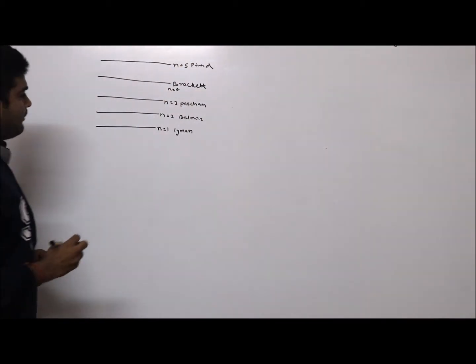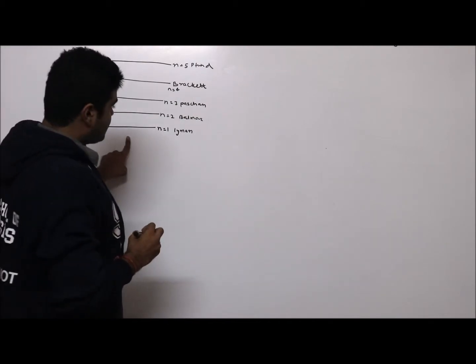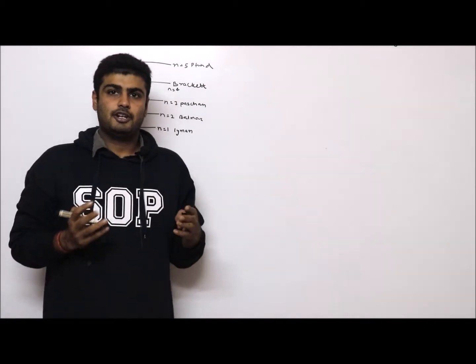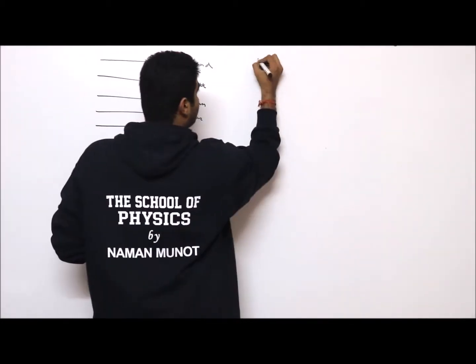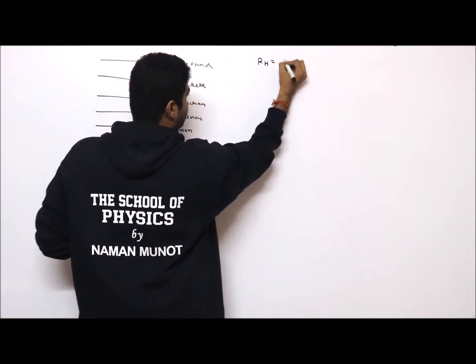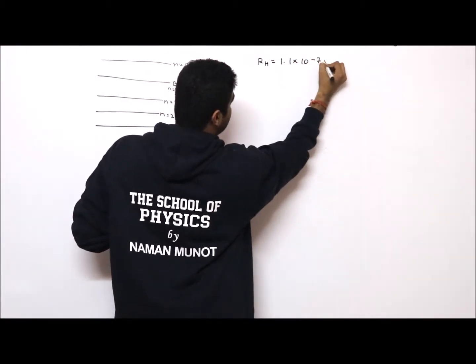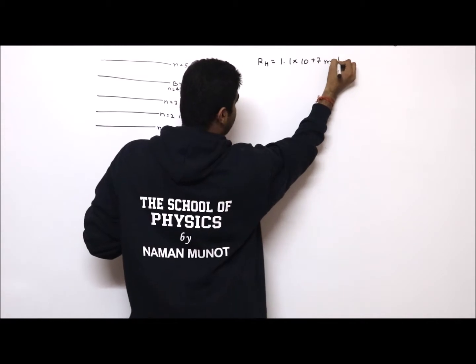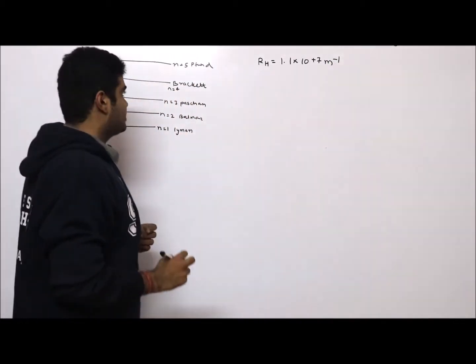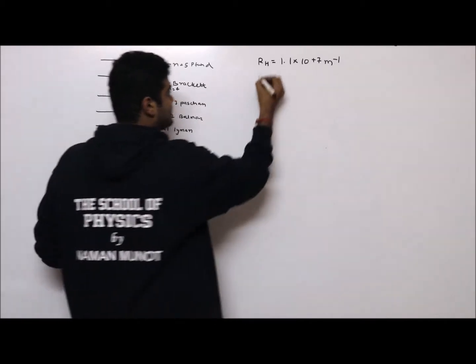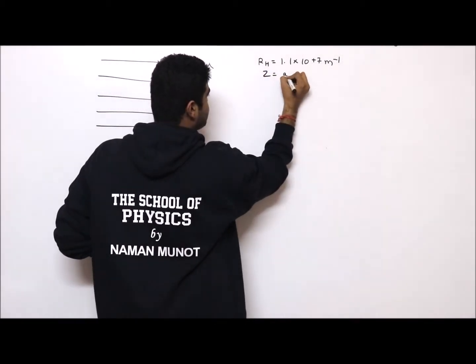The first formula is based on the Rydberg constant. The Rydberg constant is 1.1 into 10 to the power plus 7 meter inverse. Z is the atomic number.